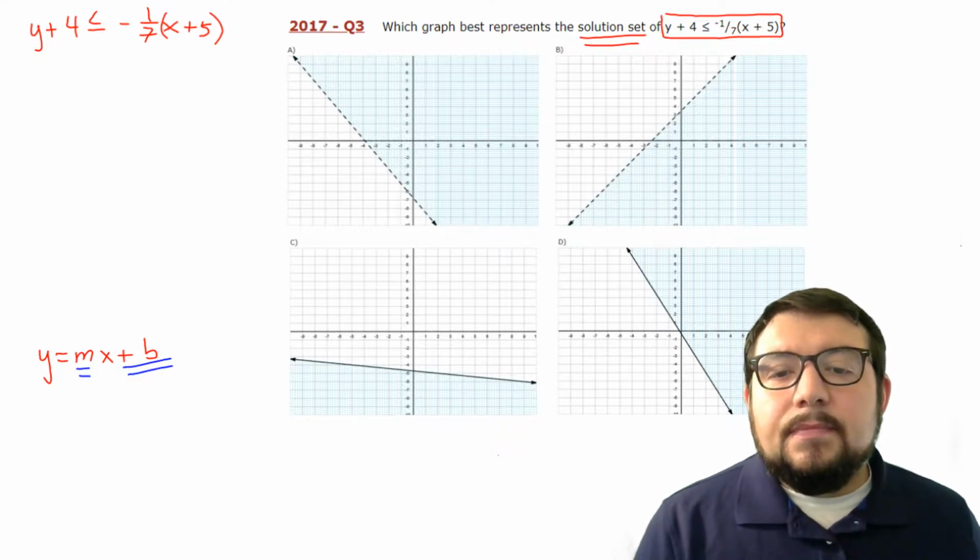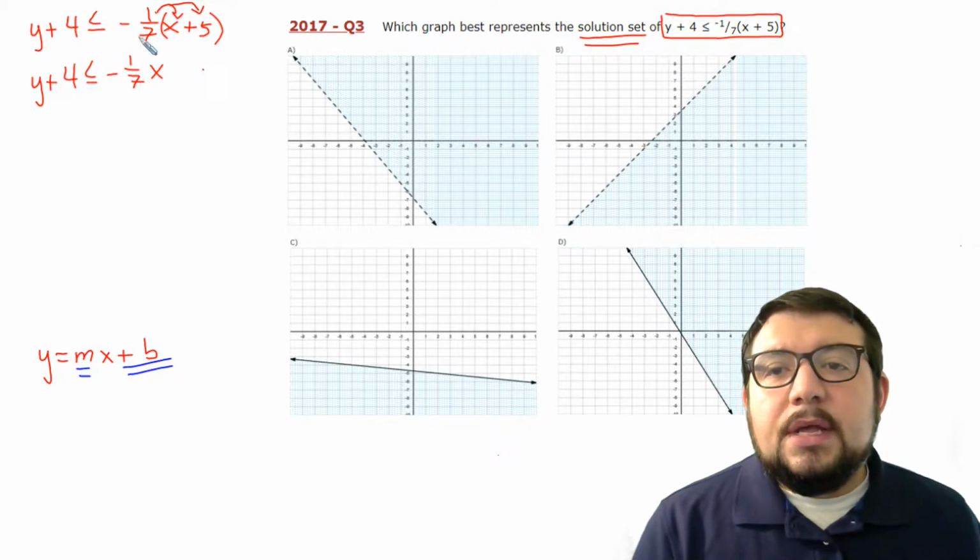So let's do that. Okay, so the first thing I know is that in y equals mx plus b, I don't really have any parentheses. So I've got to get rid of those parentheses. So I'm just going to take negative 1/7 and I'm going to distribute it. So negative 1/7 times x, this is negative and this is positive, so that makes a negative 1/7 x.